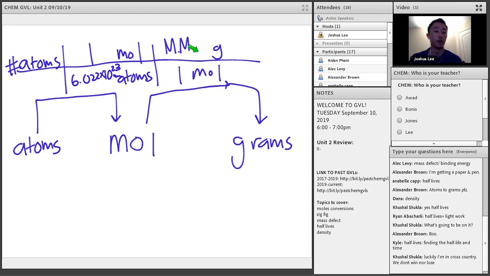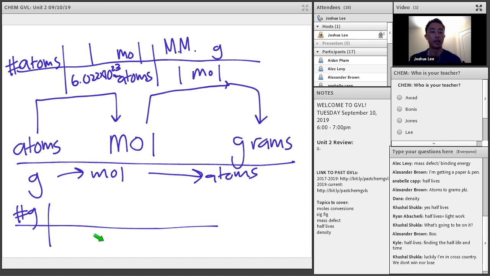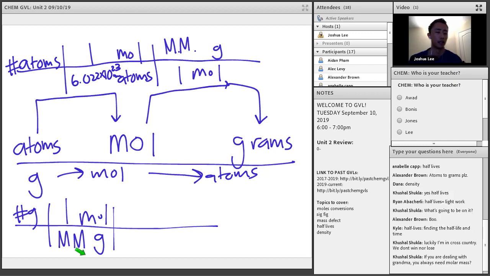If you're going from grams to moles to atoms, you start off with some number of grams, and then you get rid of grams by putting it on the bottom. You have to stop by the mole. For every 1 mole, you use the molar mass of that element. Like for sodium, it's 22.99. Iron is 55.85, copper 63.55, things like that.